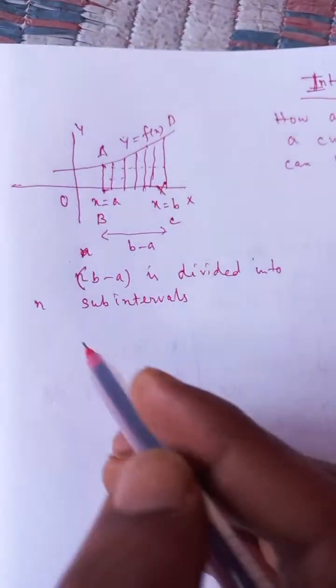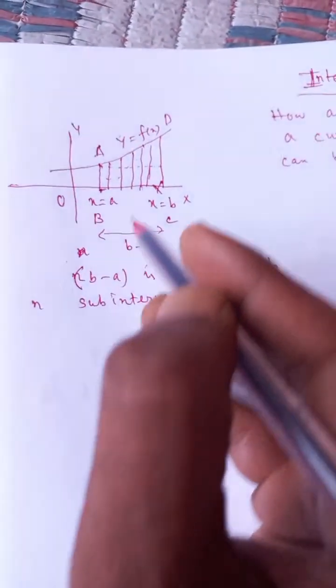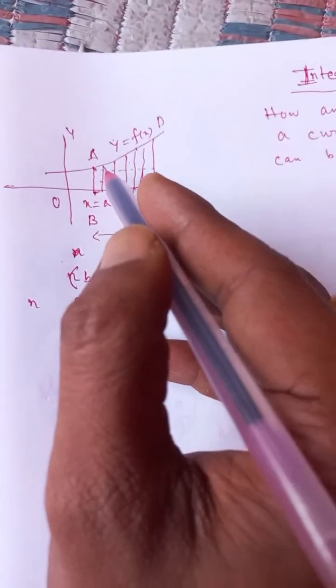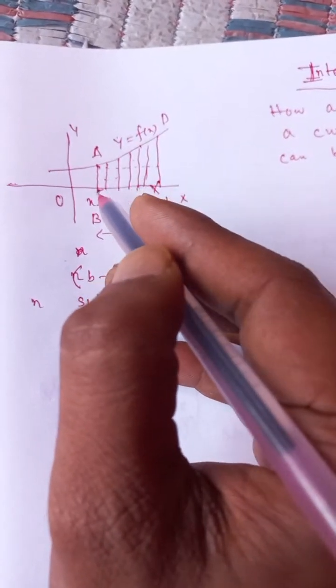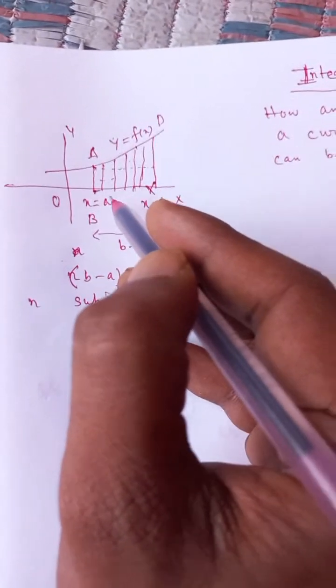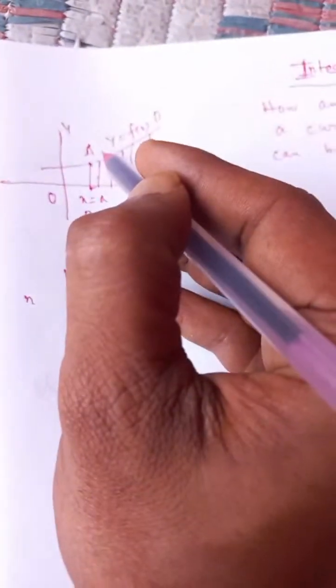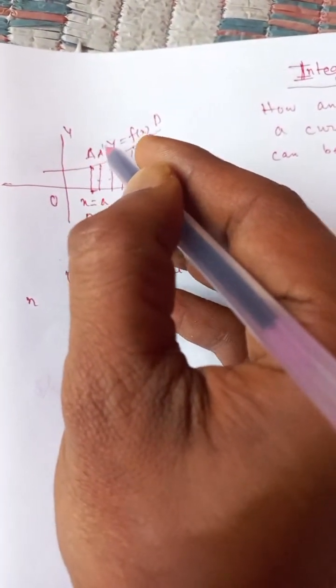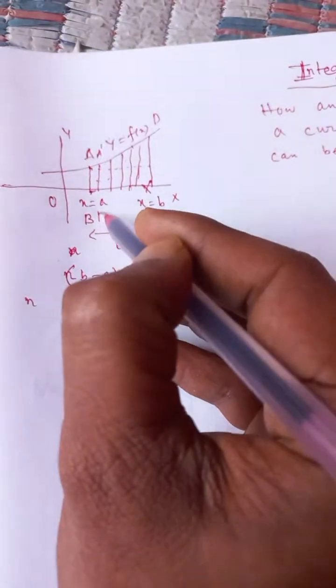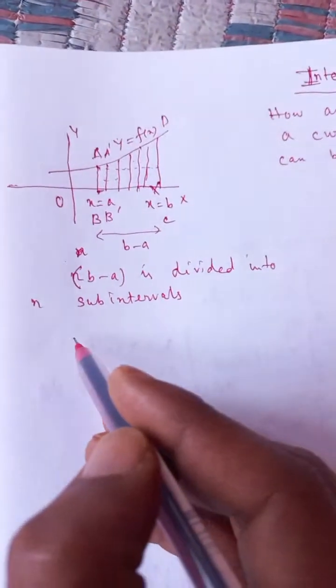So if we take the next side next to AB, this will be A', B'.